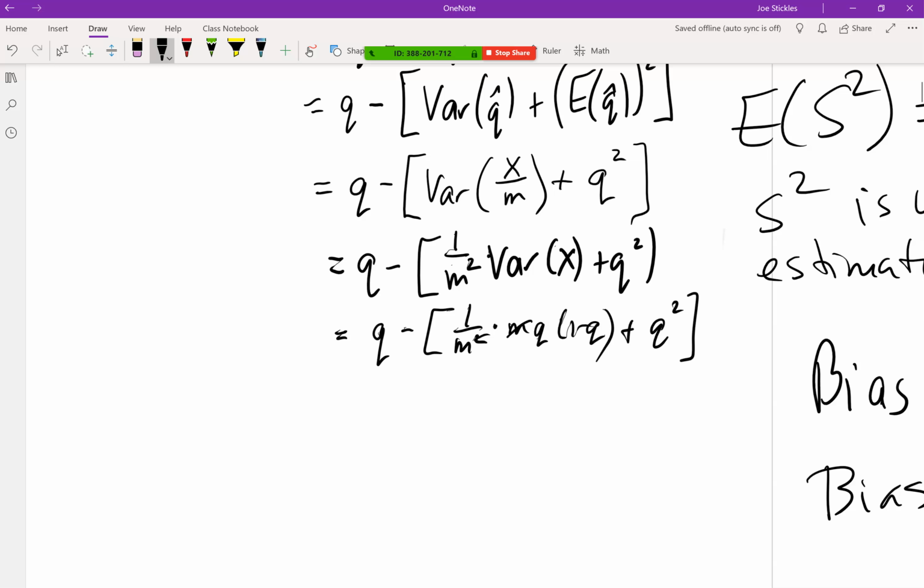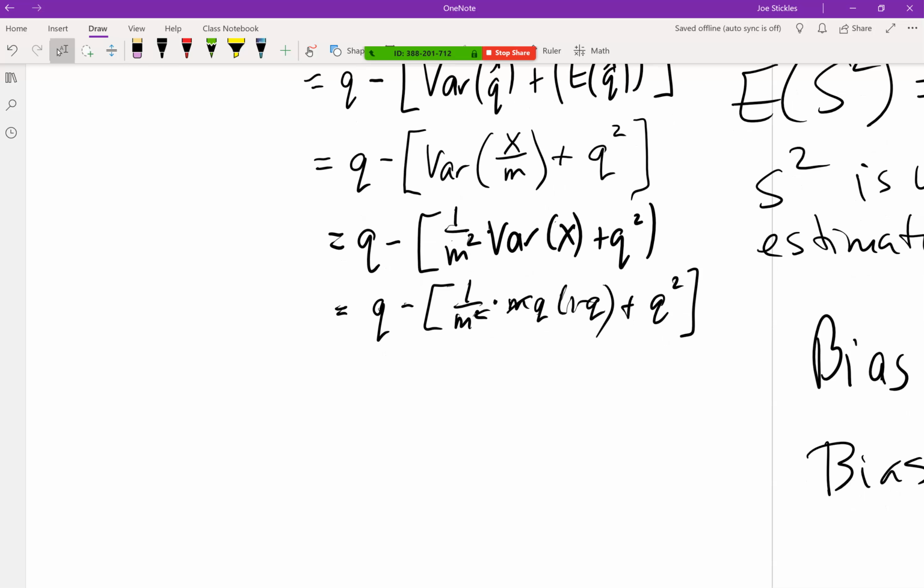Now let's move some things around here, basically we're trying to simplify some stuff. So I have a q out in front, and I've got a minus q squared there. And then we've got a minus 1 over m q times 1 minus q. This term in front is q times 1 minus q. If I factor out a q out of those first two terms, I get a q times 1 minus q.